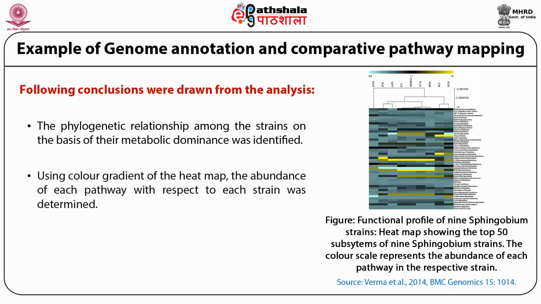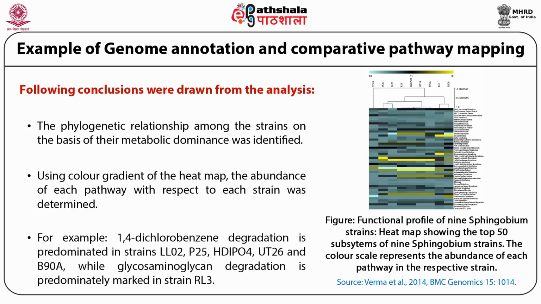Secondly, using color gradients of the heat map, the abundance of each pathway with respect to each strain was determined. For example, 1,4-dichlorobenzene degradation is predominant in strains LL02, P25, HDIPO4, UT26 and B90A, while glycosaminoglycan degradation is predominantly marked in strain RL3.